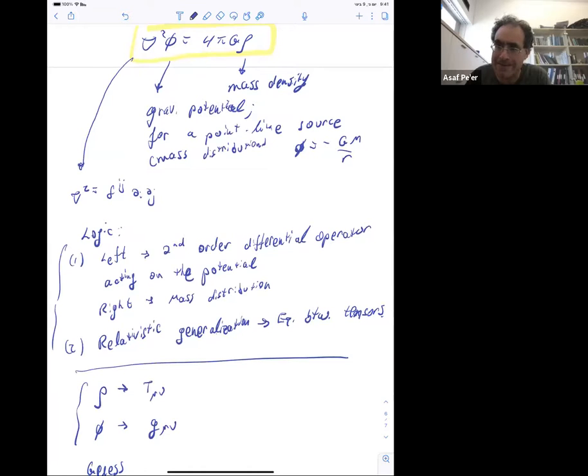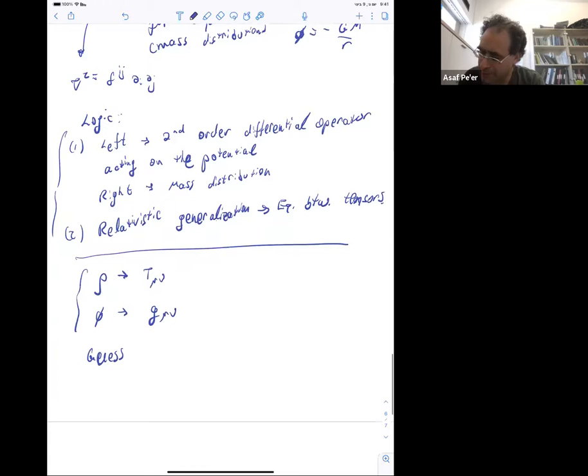Good. We actually showed that in class, a few classes ago, if you remember. T mu nu should be somehow proportional to the second derivative of the metric g mu nu.